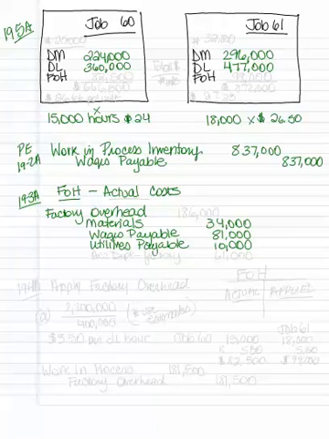And factory depreciation is $61,000. So that would be a credit to accumulated depreciation, factory, of $61,000, for a total factory overhead debit of $186,000. And that is to record the actual cost in factory overhead.